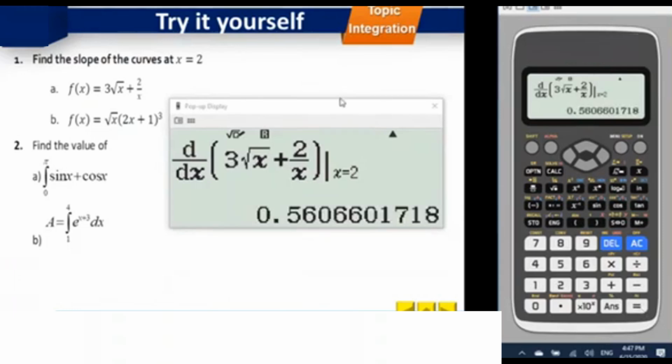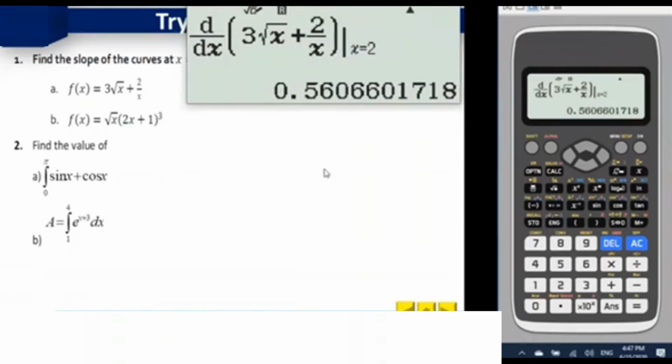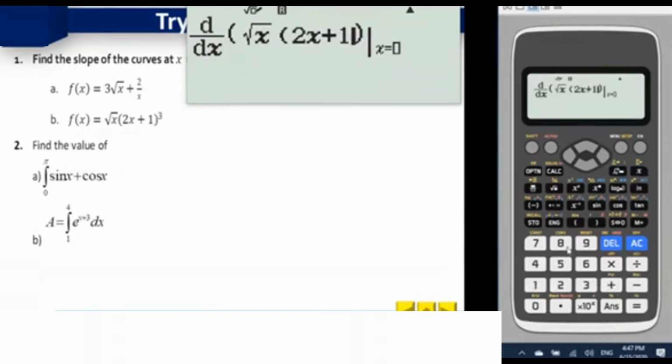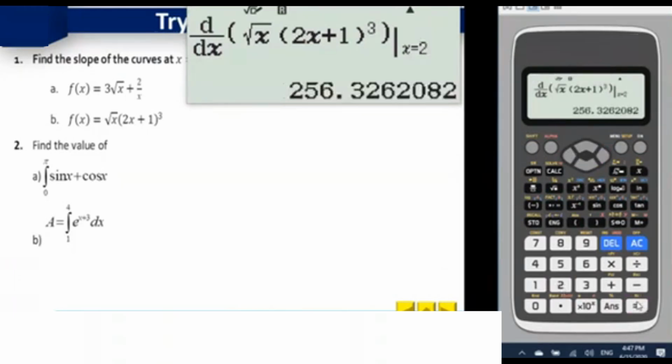So the correct answer is 0.56066. Then shift dy by dx, under root x, bracket open, 2x plus 1, bracket close, cube, and the value of x is 2 once again, and the result is 256.33.